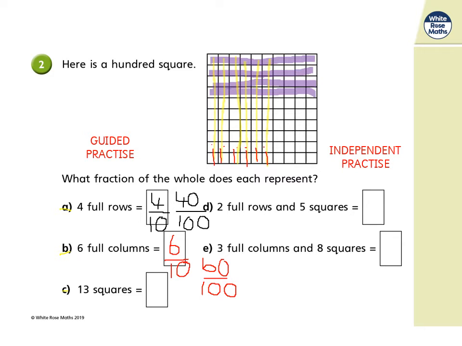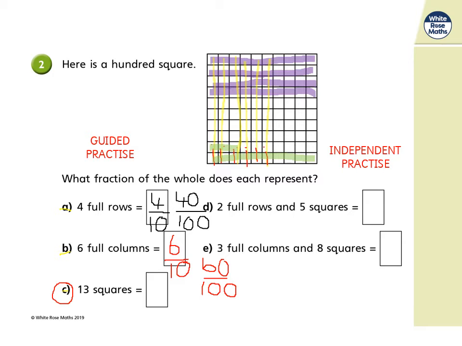Now, if I then go on to question C, I'm going to have 13 squares. So I'm going to shade in 13 squares. Let's do this in a different colour. Let's do it in green. If I was to go along this way, I have a whole 10 squares there. And I'm going to shade in another 3. So I have 13 squares shaded out of 100.